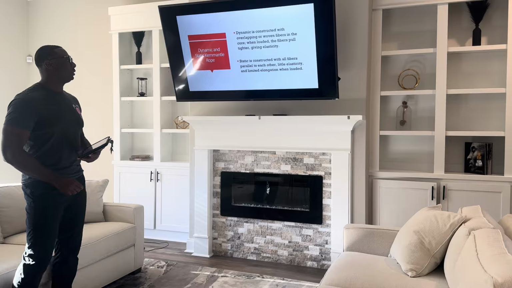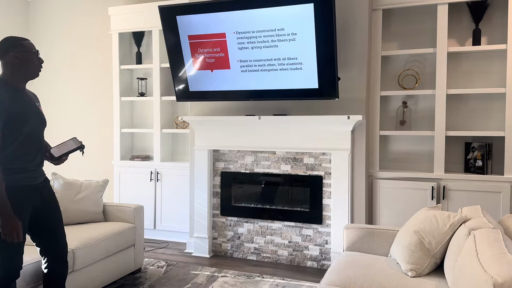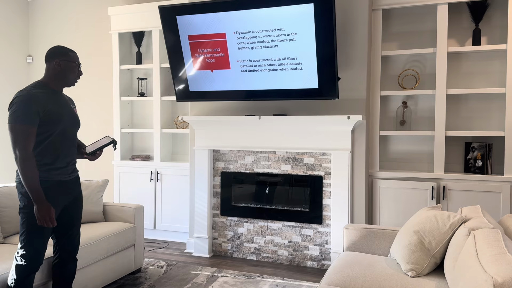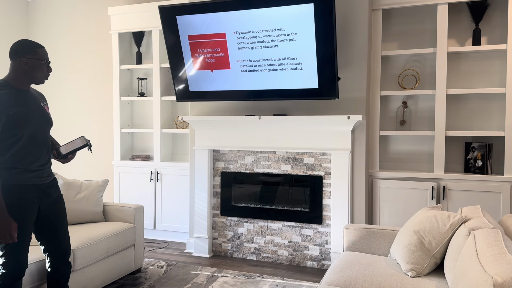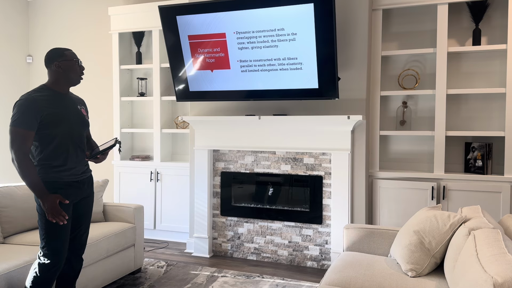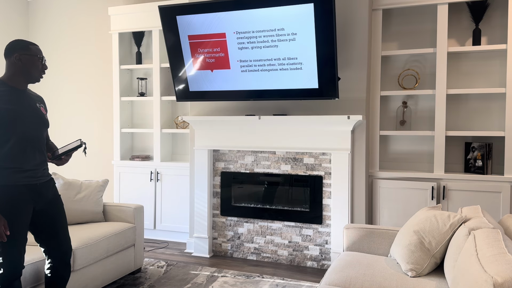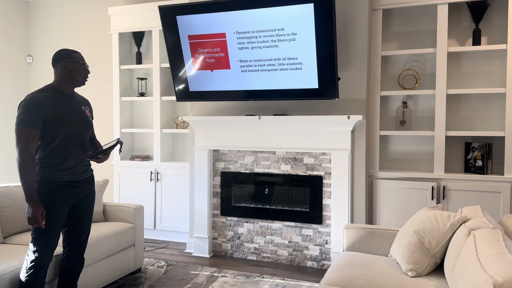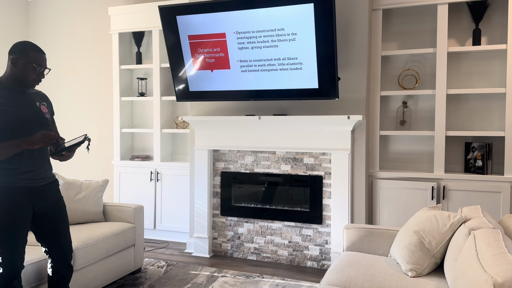Dynamic is constructed with overlapping or woven fibers in the core. When loaded, the fibers pull tighter, giving elasticity. Static is constructed with all fibers parallel to each other, with little elasticity and limited elongation when loaded.